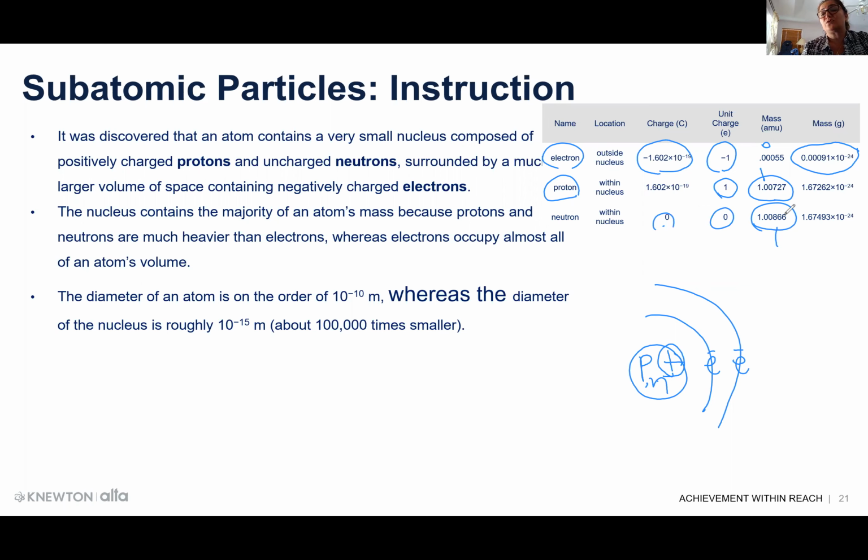The mass for a neutron is 1 AMU. The mass of the atom is condensed inside the nucleus because only protons and neutrons have mass. Electrons have no mass and no contribution.